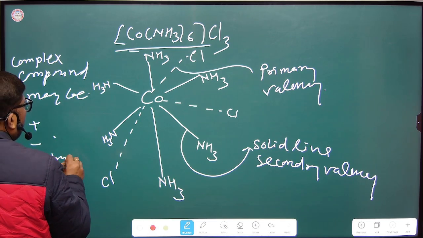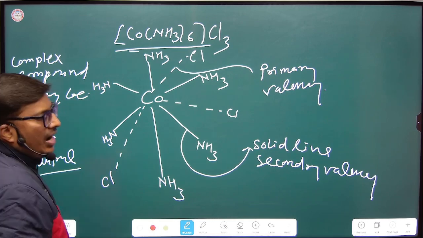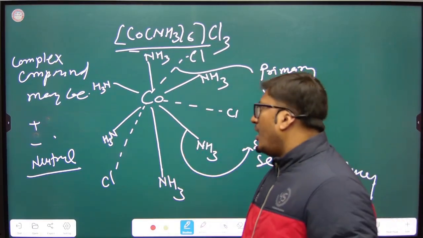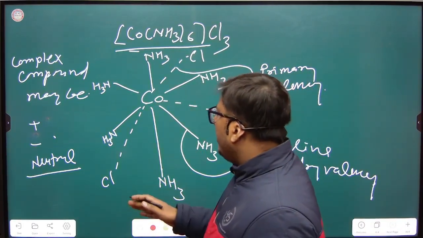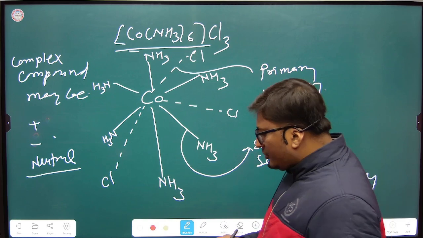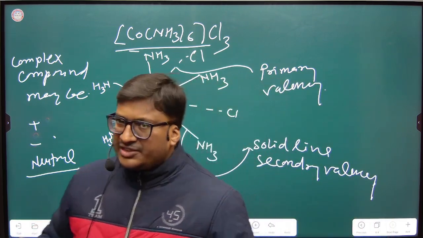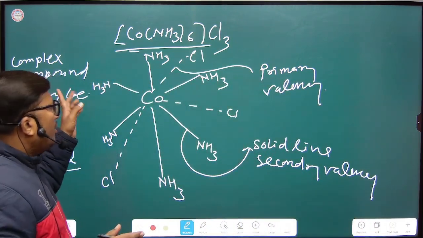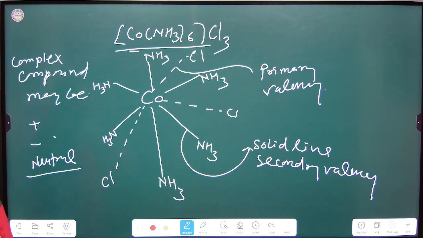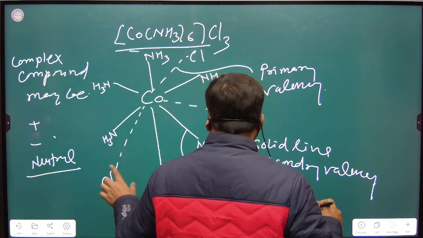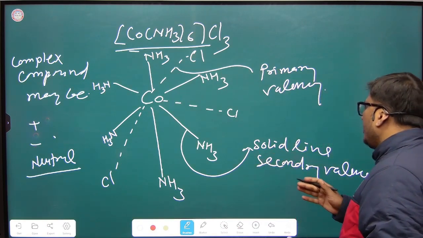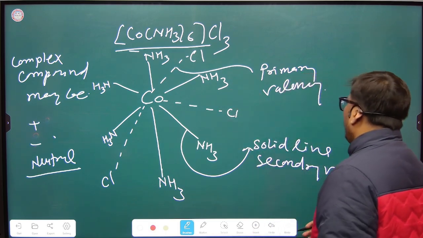So a complex ion may be a positive complex ion, a negative complex ion, or neutral, depending on the primary valency. If the primary valency on the coordination sphere is 0, it means that cobalt exists in the 0 oxidation state. These are the experiments he elaborated for a particular compound.